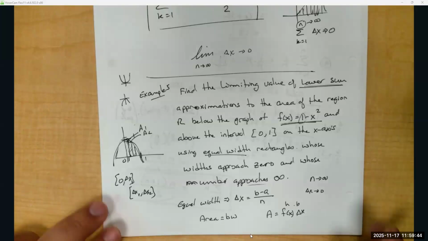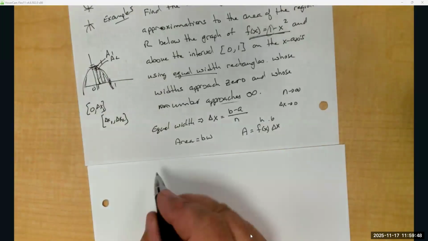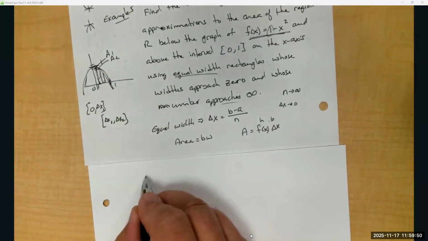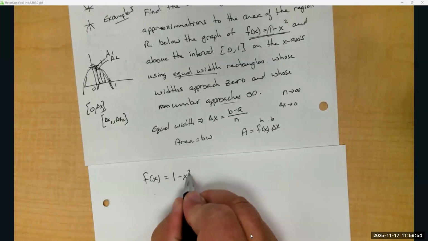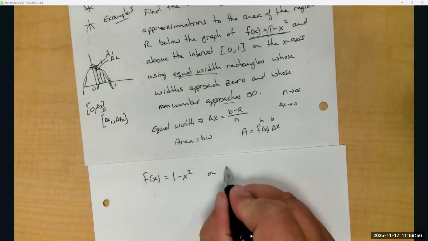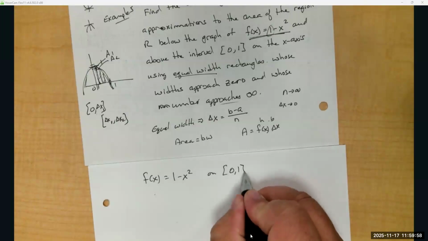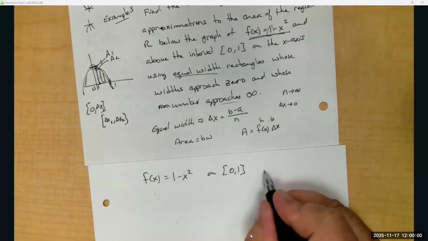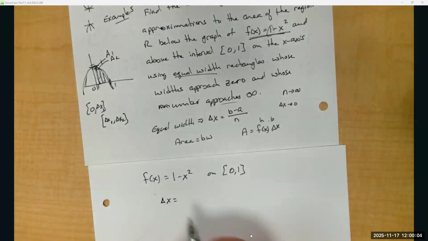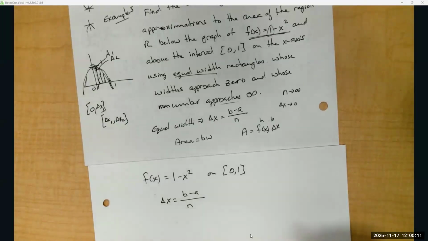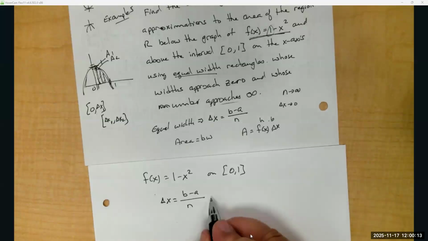Do we know what delta x is? Remember, our function is f of x, that's 1 minus x squared on the domain of 0 to 1. So what is our delta x? b minus a over n. So what is b?